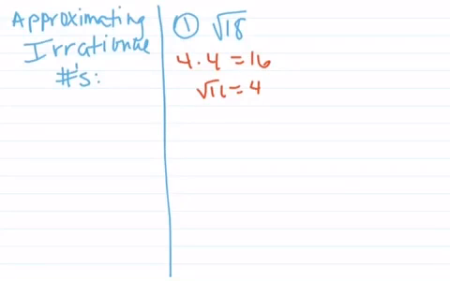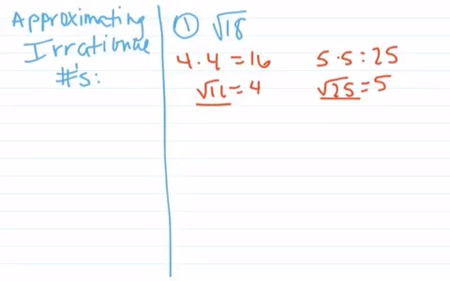Well, the square root of 16, that's close to 18, but it's not exact. 5 times 5 is 25. So you could say that the square root of 25 is 5. All right? So the square root of 18 has to be between the square root of 16 and the square root of 25, in between 4 and 5.